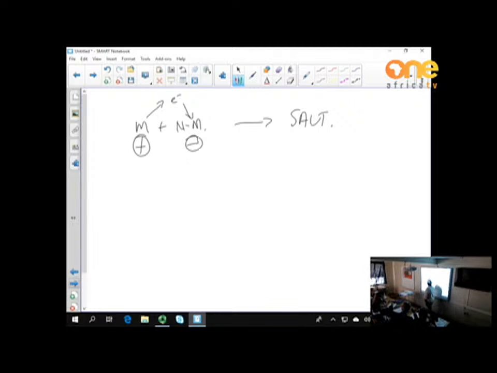What force do we have between positive and negative? Yes, strong Coulomb forces. So, what will the properties of a salt be? High melting and boiling point.